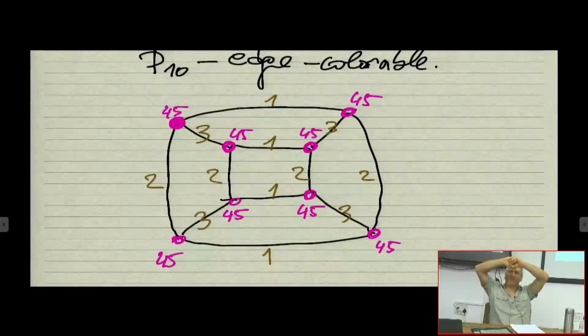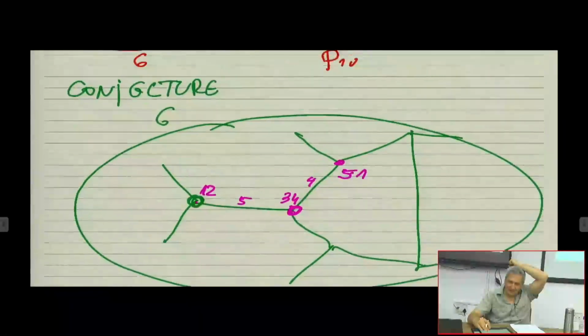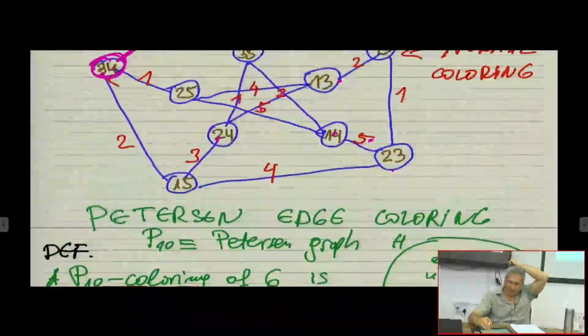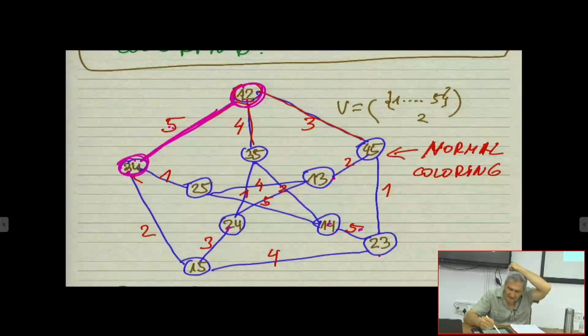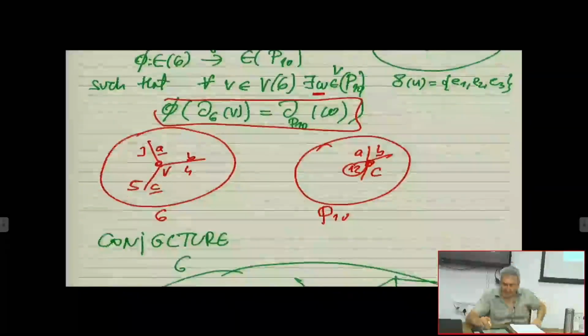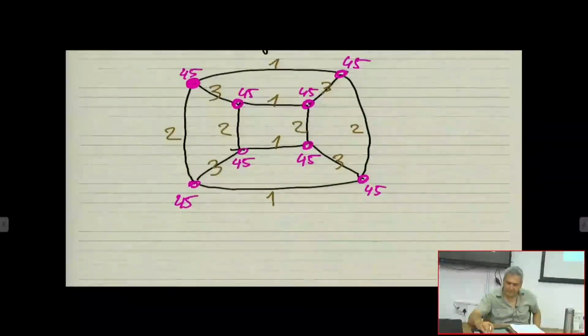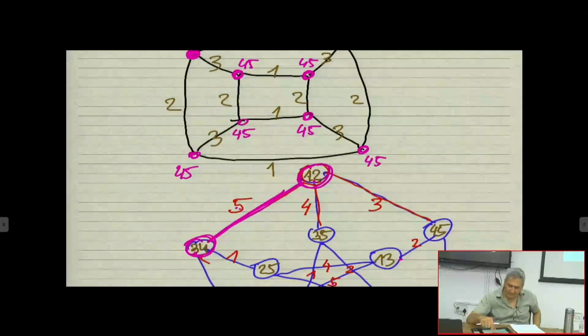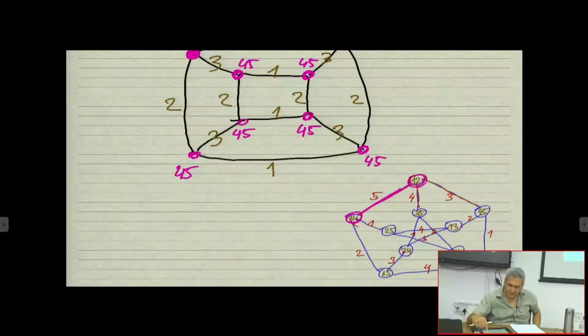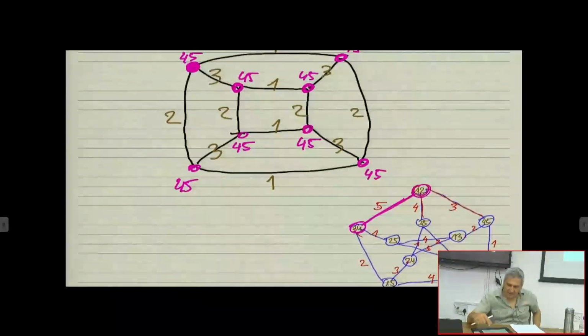At vertex 4, 5, I have 3 edges in the Petersen graph. Look. I take this edge, and I will take this figure a little down, yes? Look.